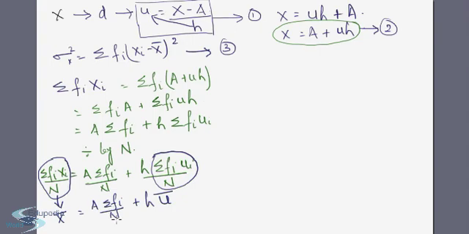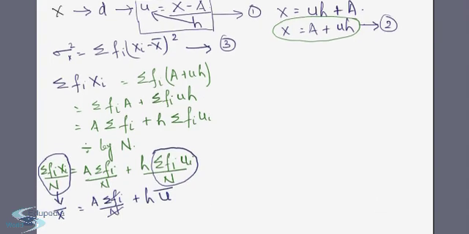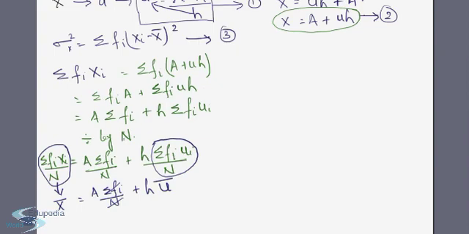Now what is summation fi by n? Summation fi is nothing but n, so both of these would cancel out each other, and as a result we will have x bar equals a plus h times u bar. Let me call this equation number 3.